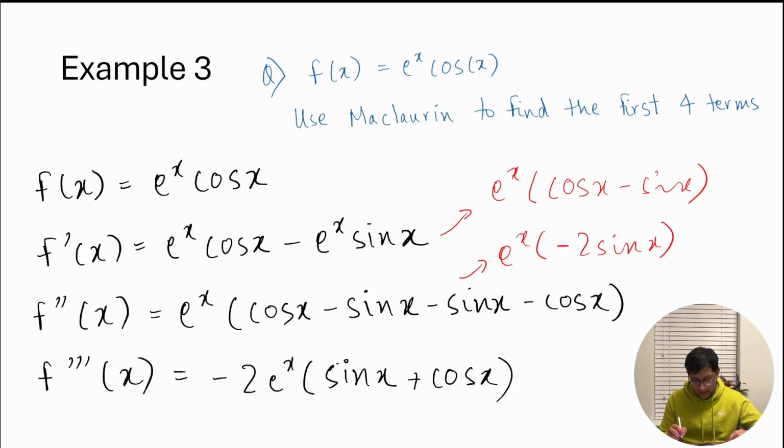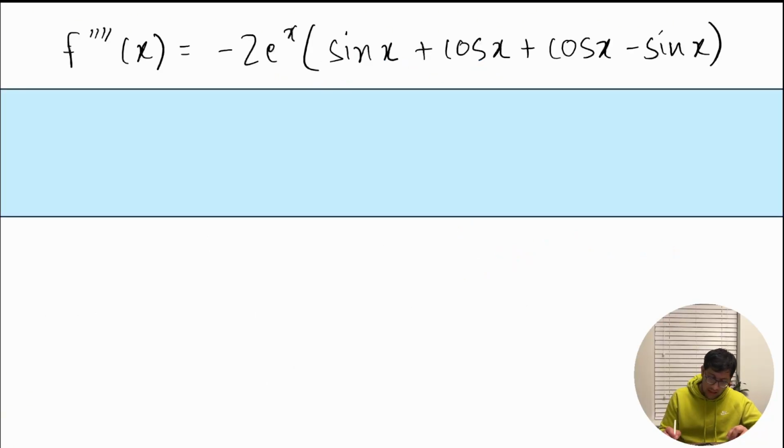The next one is minus 2 e to the x sin x plus cos x. And f4 dash would be minus 2 e to the x. Actually, you could simplify this into minus 4 e to the x cos x, as sin x and minus sin x cancel out.